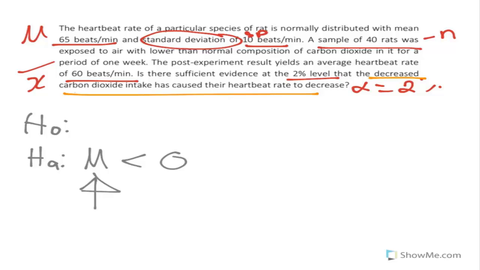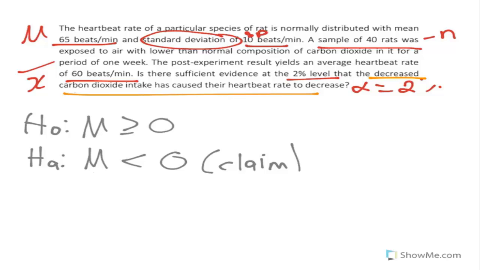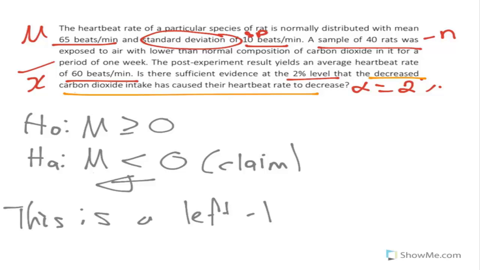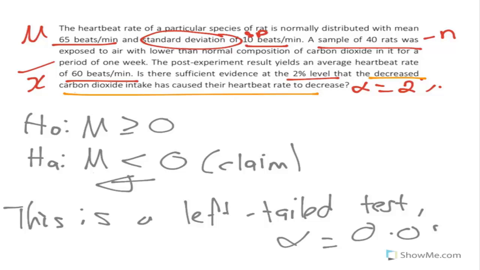So heartbeat rate less than 0, and this is your claim. This is what the question wants you to test. So to write your HA, it's the opposite, which is equals to or more than 0. Now you have to know what kind of test it is. This points to the left, so this is a left-tailed test. And your alpha equals 2%, written as 0.02.